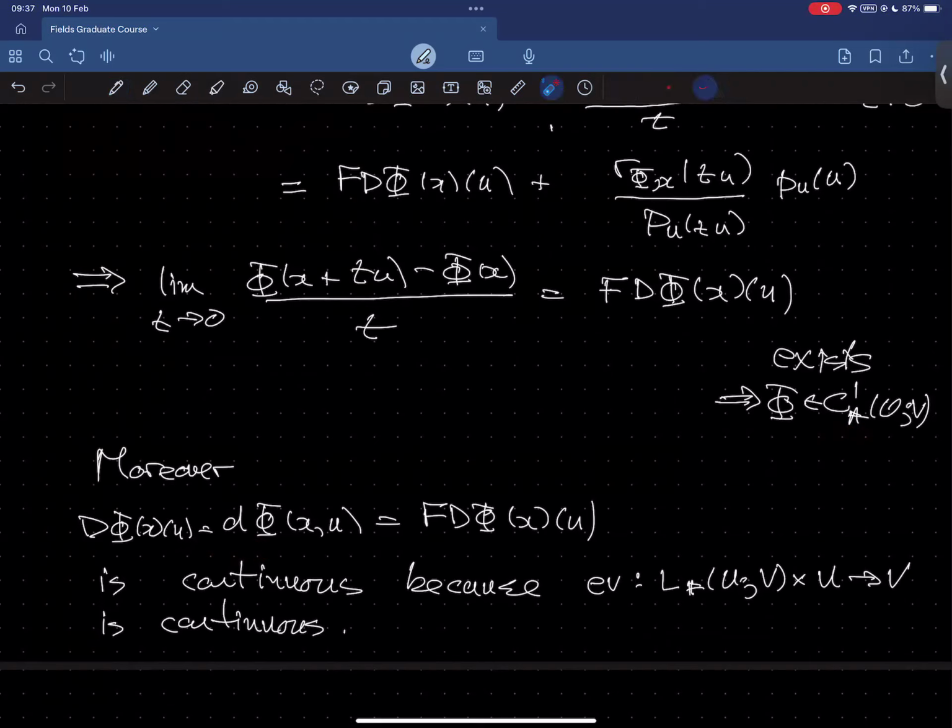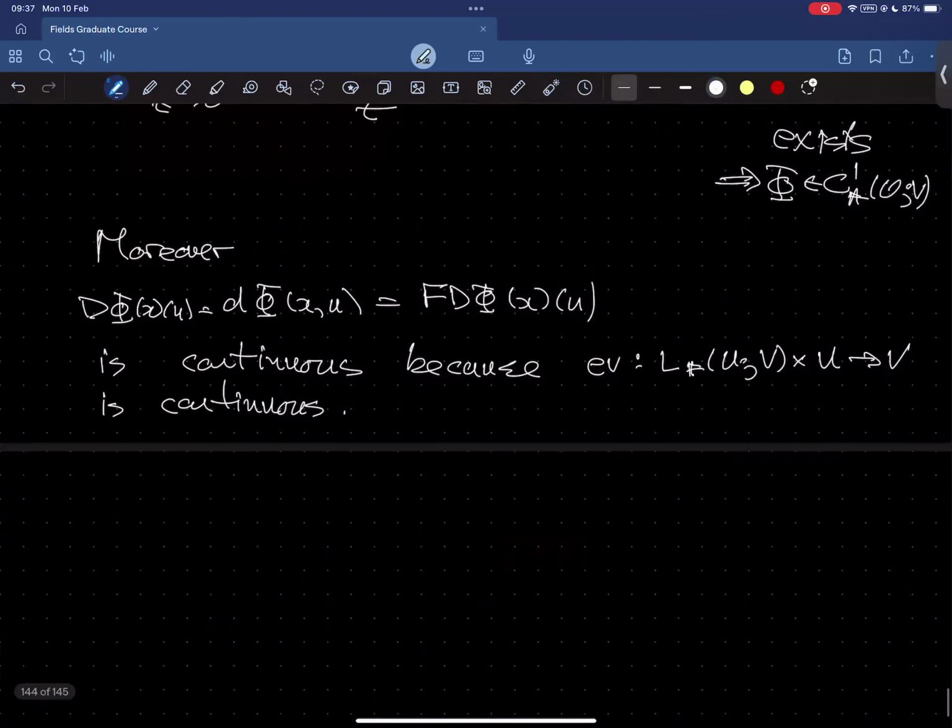So this also shows that d phi is continuous because d phi is actually equal to f d phi, and f d phi is continuous because phi is a class FC1. All right, good, so that's one direction. And notice that this also shows that d phi is the same as f d phi.